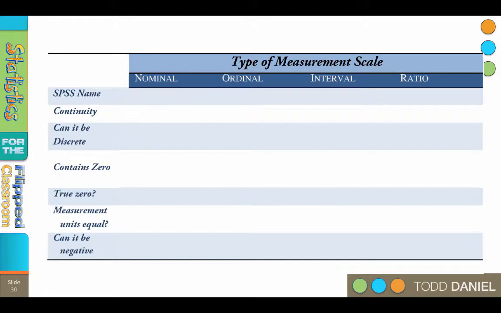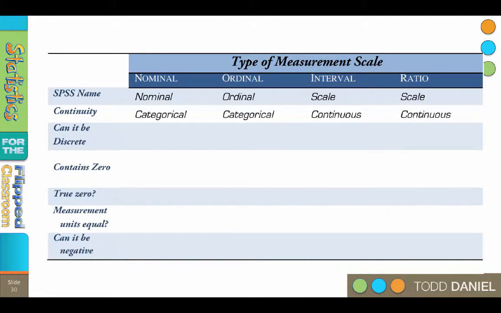Let's review the qualities for these measurement scales. SPSS calls nominal and ordinal data nominal and ordinal in a column labeled measure. SPSS calls both interval and ratio data scale data. This means you will not need to distinguish between interval and ratio, only that you have interval or ratio as opposed to nominal or ordinal.